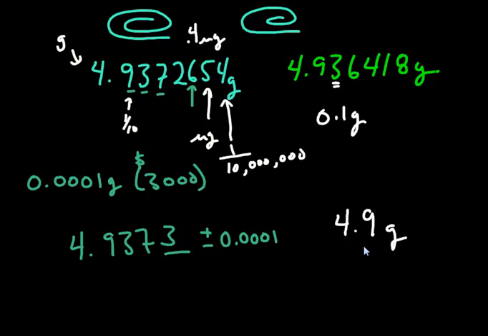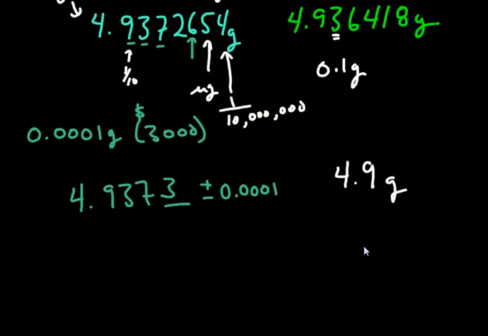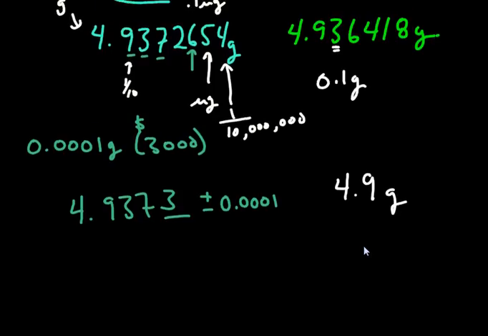Now here's the question. We're being scientists, and we don't want to lie to anyone. What is the value of the mass of both of these paper clips together? Okay, so I want to add these two values together.